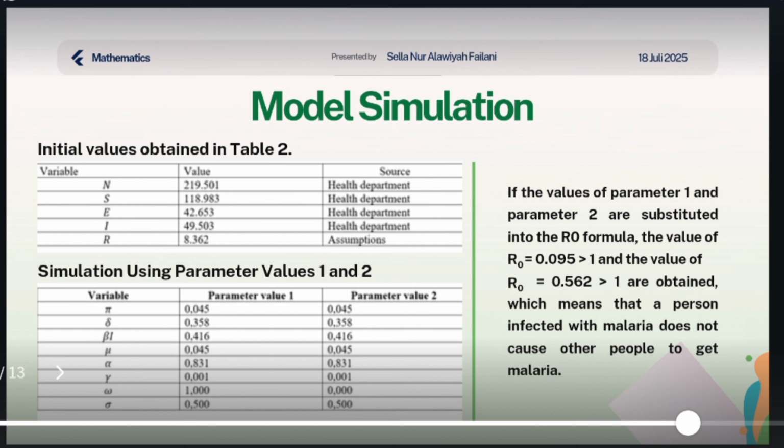If the values of parameter 1 and parameter 2 are substituted into the R0 formula, the value of R0 is 0.095, less than 1, and the value of R0 is 0.562, less than 1, are obtained, which means that a person infected with malaria does not cause other people to get malaria.